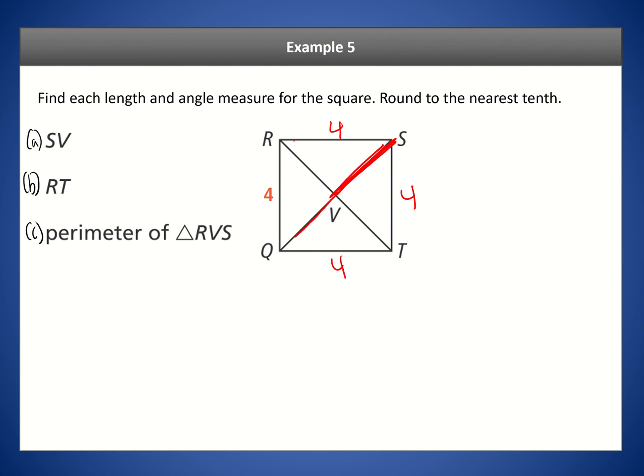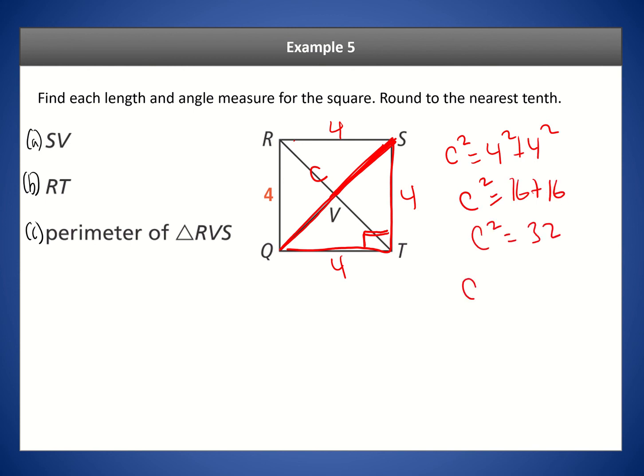So let's use this right triangle here, and we'll use the Pythagorean theorem to get C, the hypotenuse. So C squared equals 4 squared plus 4 squared. C squared equals 16 plus 16. C squared equals 32. And then we can take the square root of 32, and that's going to be 5.7.